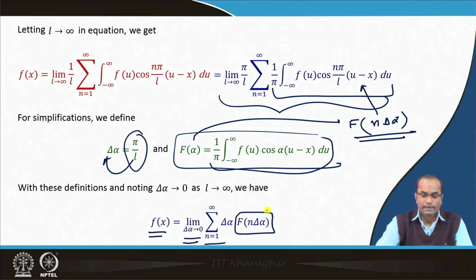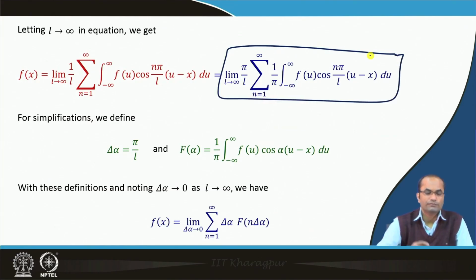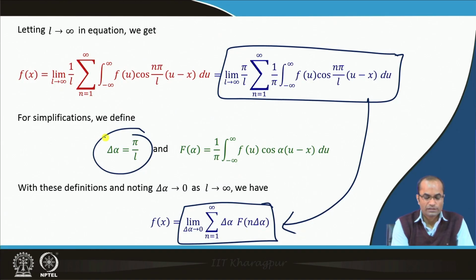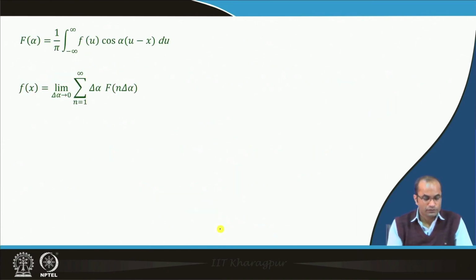So, F(n delta alpha), and then this pi over L we have as delta alpha, and then n goes from 1 to infinity. So, finally, this integral, which was coming exactly from the Fourier series letting L go to infinity, we have written in a more compact form, introducing these two notations delta alpha and defining this function F(alpha). So, now we will move to this.